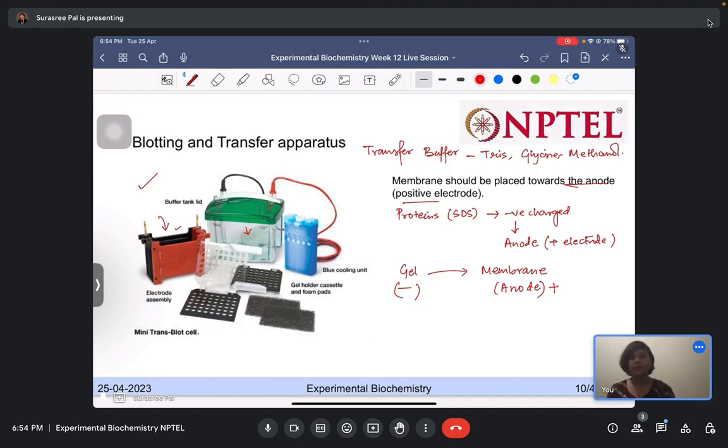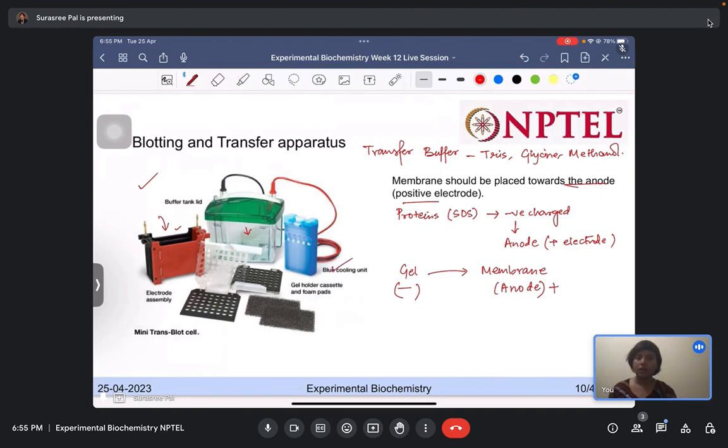And this is how the transfer is done. Now we have to remember certain things while we are transferring the proteins. This transfer process is usually done at low temperature, so in a refrigerated chamber, or there has to be a cooling unit.